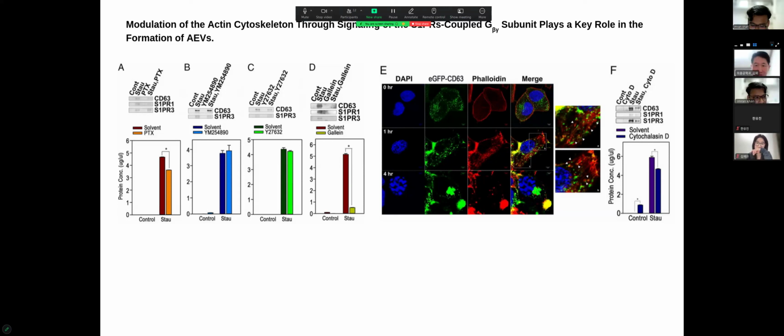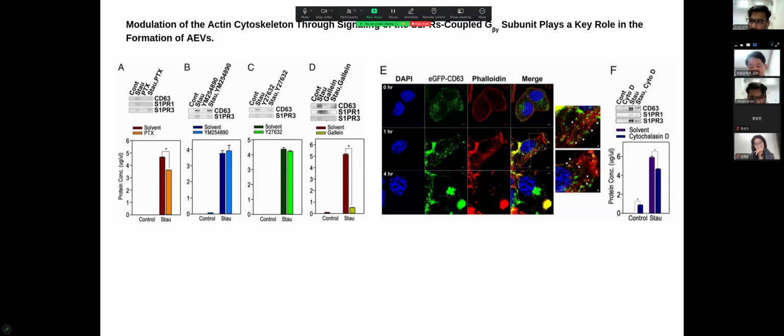So all kinds of G alpha signaling, which transduce signal from S1PR1 or 3, when inhibited show no effect on exosome release. That's why I was thinking about beta gamma.